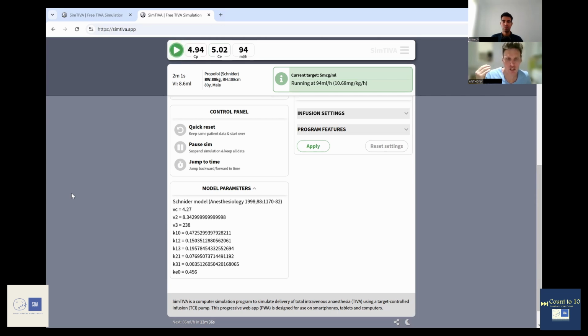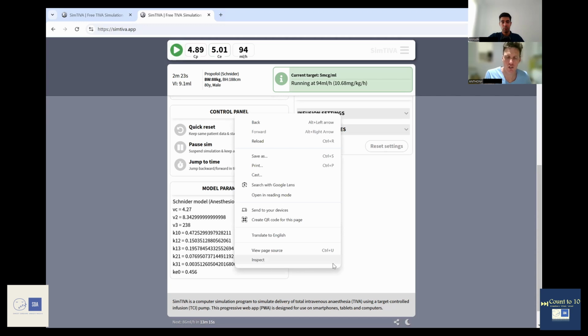So how can you have the same V1 of 4.27 litres, and the same target concentration of 5, but end up with two separate doses? The answer to that riddle is that in Marsh you are targeting the initial plasma concentration, and that has a V1.